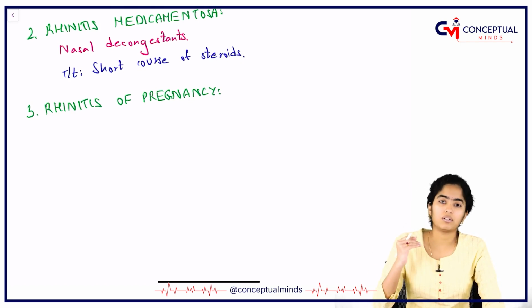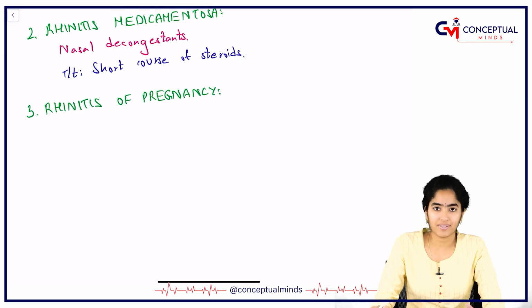Generally, local therapy is given, topical therapy is encouraged, some nasal drops, topical steroids, and the woman should be put on other preventive measures so that the condition is not further aggravated, such as not getting exposed to cold temperature, regular steaming and all those things. That is rhinitis of pregnancy.